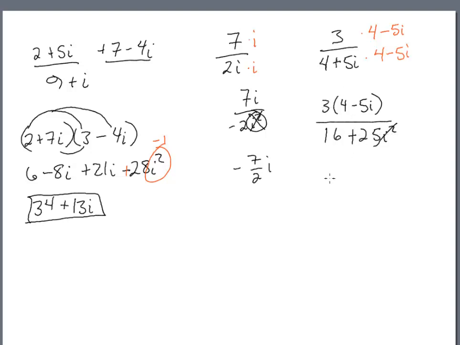So we get 16 plus 25 on the bottom is 41. And jump that in, we get 12 minus 15i all over 41. In standard form, we would have the real number 12 over 41 minus 15 over 41i. And that's the arithmetic of complex numbers.